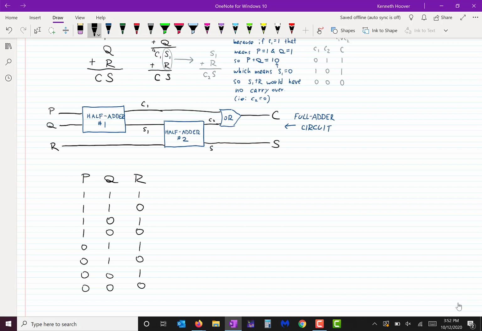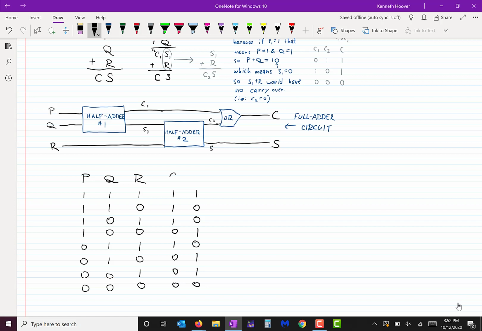And in binary numbers, 3 looks like this. 1 plus 1 plus 0 is 2, which looks like this. 1 plus 0 plus 1 is also 2. 1 plus 0 plus 0 is 1. 0 plus 1 plus 1 is 2. 0, 1, and 0 added together is 1. 0, 0, and 1 added together is 1. And 3 zeros added together are 0.